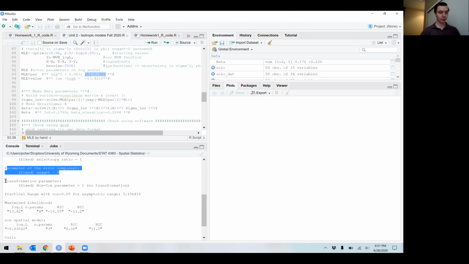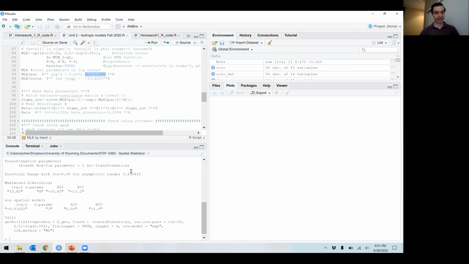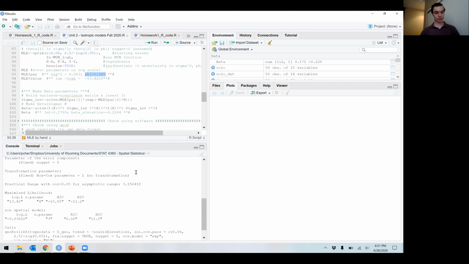geoR gives you a possible Box-Cox transformation. We're not doing that right now. And importantly, it's one of the few packages I know that gives you the effective or practical range as well as the range parameter. So this is our effective range for the exponential correlation function, which was negative log 0.05 over phi. This is the distance at which the correlation function becomes arbitrarily small.